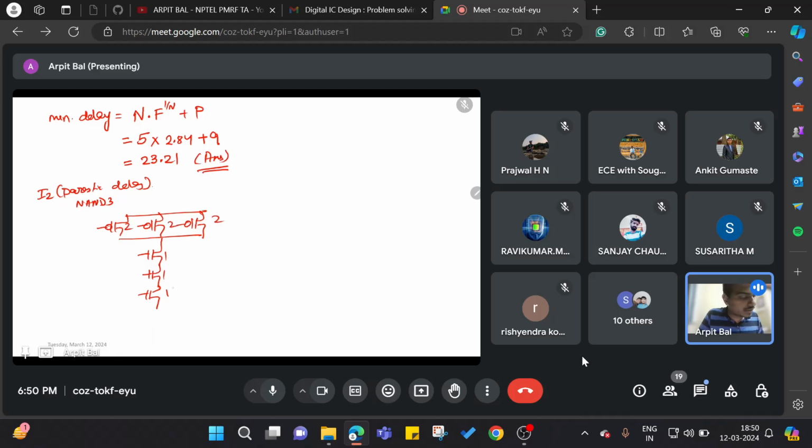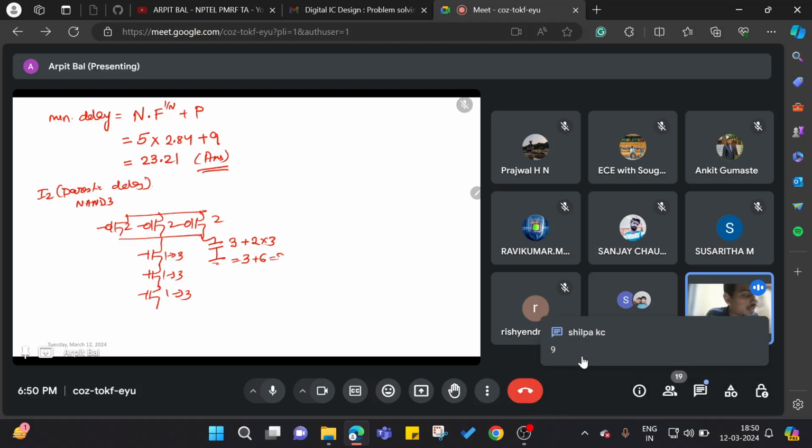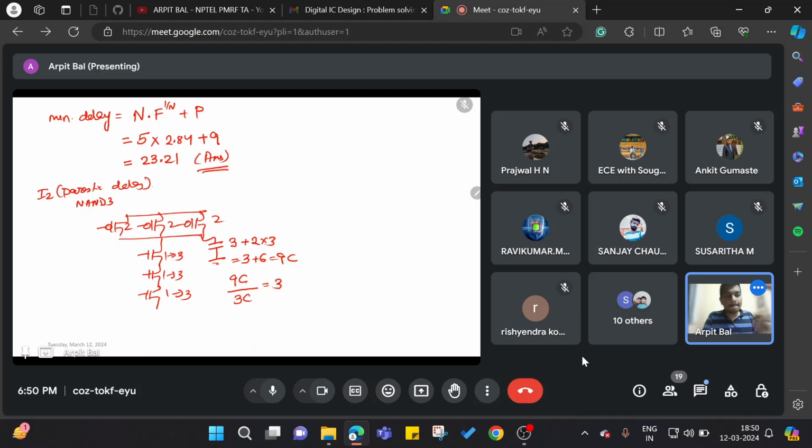Because 3 NMOS are in series, I'll scale it by a factor of 3. So what is going to be my capacitance at this node? It is going to be 3 from the NMOS plus 2 into 3 from the PMOS, that is 3 plus 6 is equal to 9C. Then to calculate the parasitic delay, I will divide this 9C by the inverter's output parasitic, that is 3C. So it will be 3.